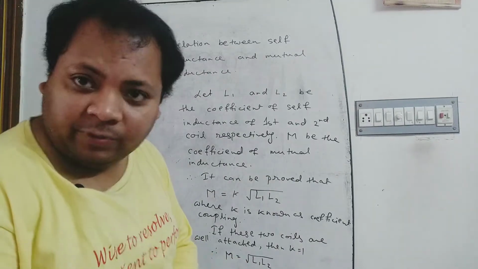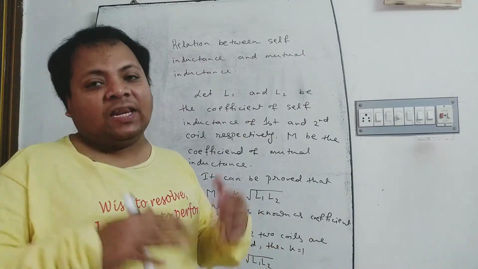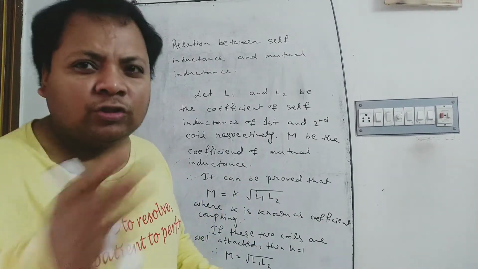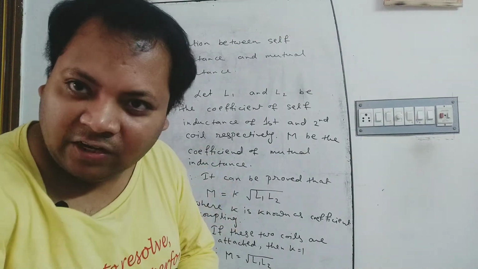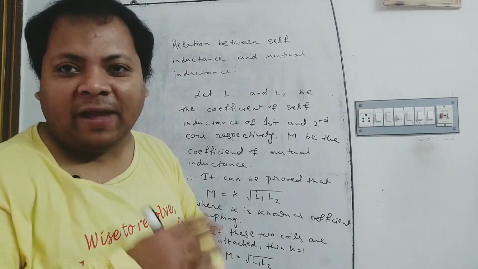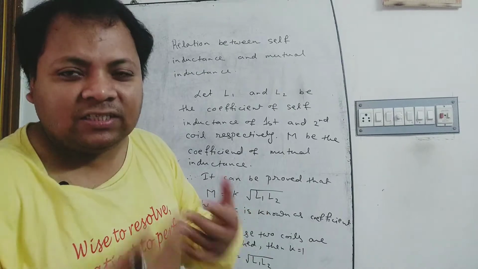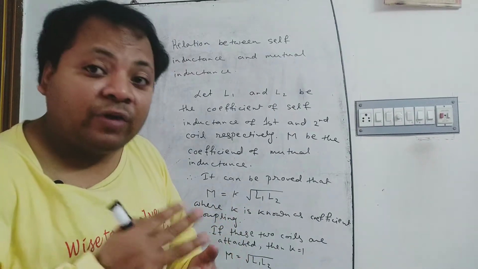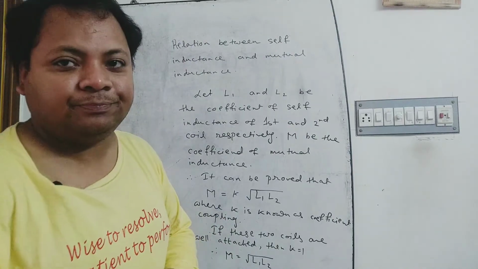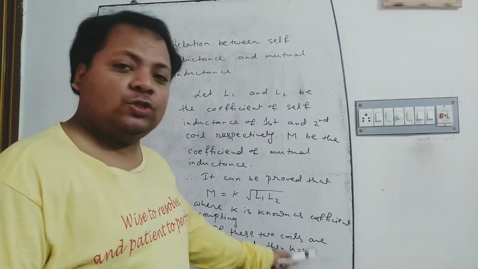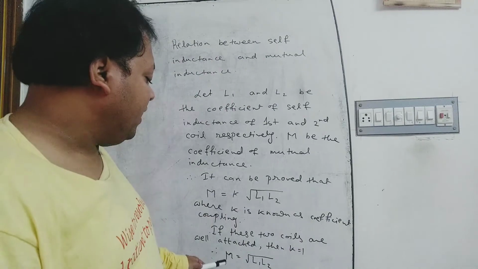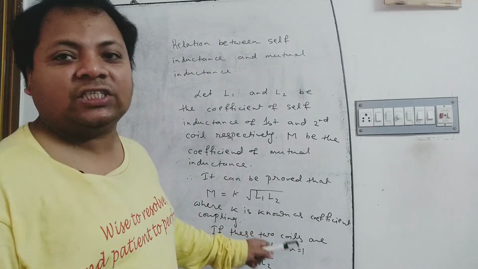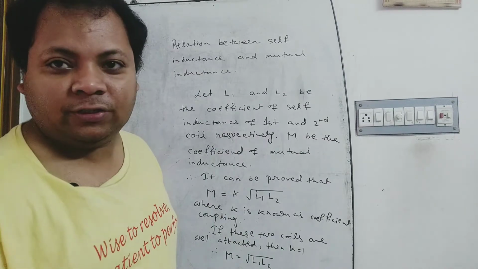In case of 100% coupling, the magnetic flux produced by the first coil is also linked with the second coil, and the magnetic flux produced by the second coil is also linked with the first coil. That's why K is equal to 1, and M is equal to the square root of L1 L2. This relation can be easily proved.